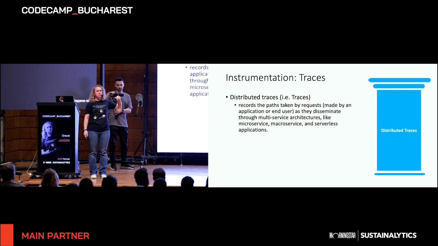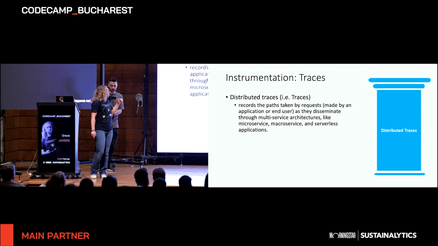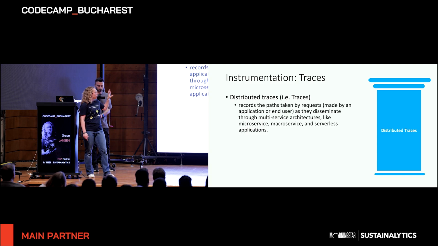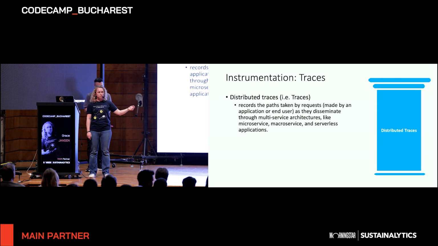So this is the important step we need to take if we're going to go more towards that medicine route and really understand why something is happening, not just what's happening. So in here, as I said, this is really because more and more of our applications are becoming distributed, they're becoming microservice-based, macroservice-based, even serverless, and it's becoming harder and harder and harder to actually understand where something goes wrong in that particular transactional request.